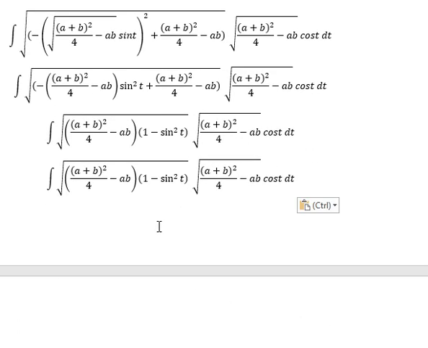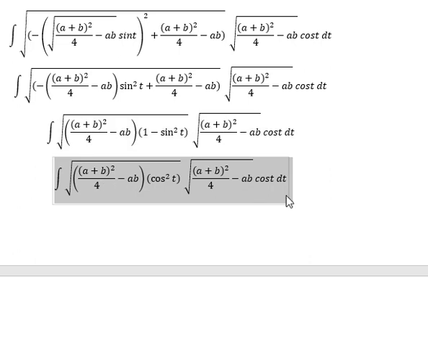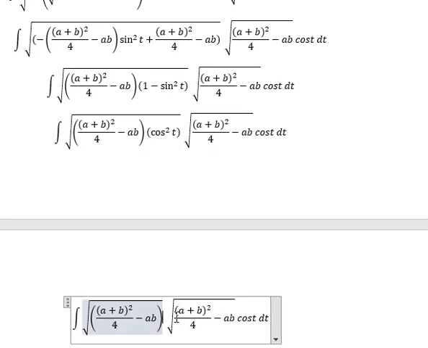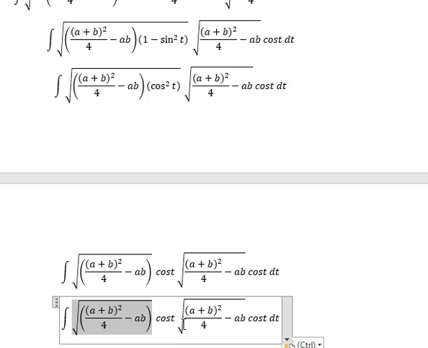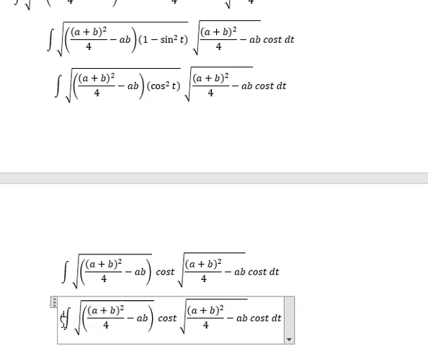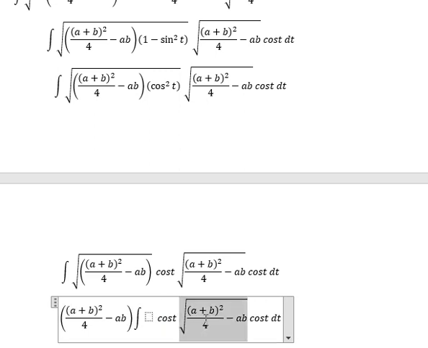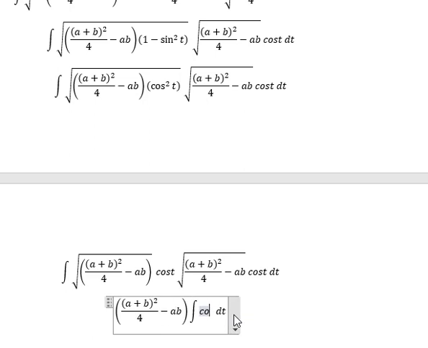So 1 minus sine squared t is cosine squared t. The square root of cosine squared t is cosine t. So this one multiplied by this one gives us this one: cosine t and cosine t, that is cosine squared t.